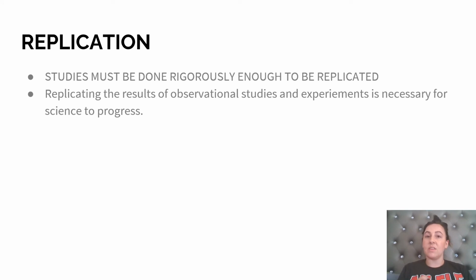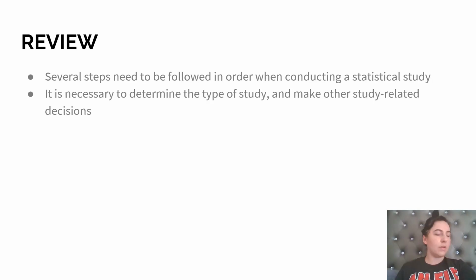Okay, so if this is a new truth that we all have to accept, it has to be replicated. It has to be replicable. So that's why we have to make sure that we conduct our studies rigorously enough so that it can be replicated. This goes back to making sure that you are reviewing everything and doing everything appropriately for your study, okay?